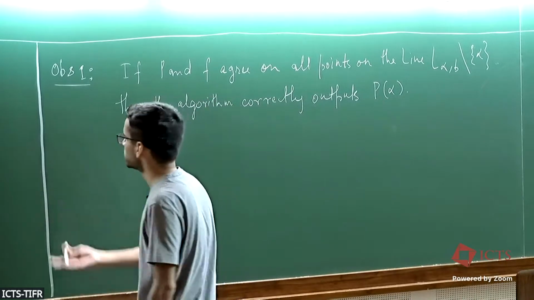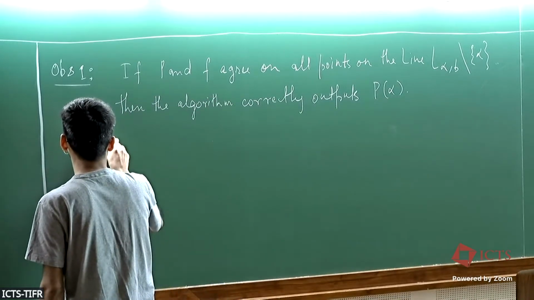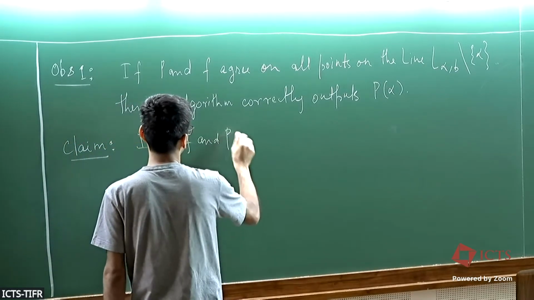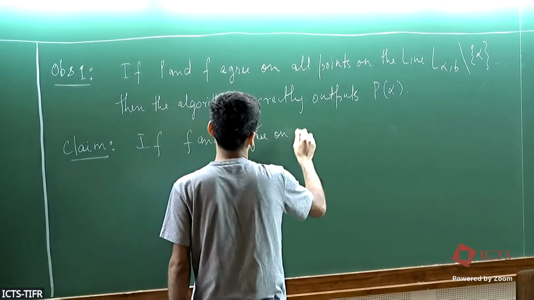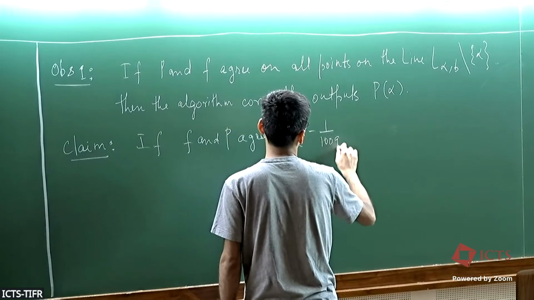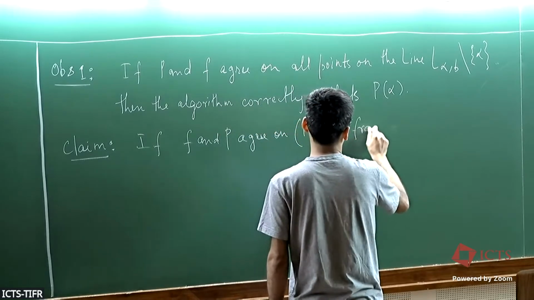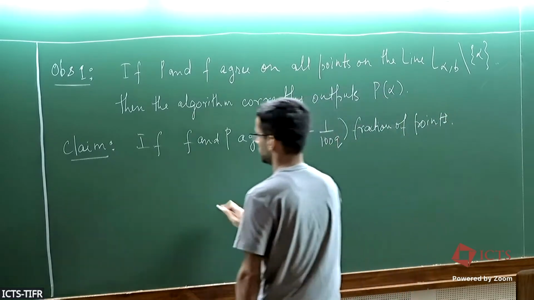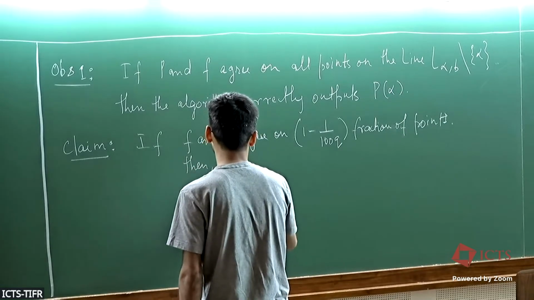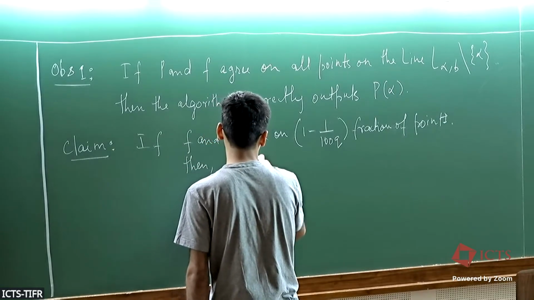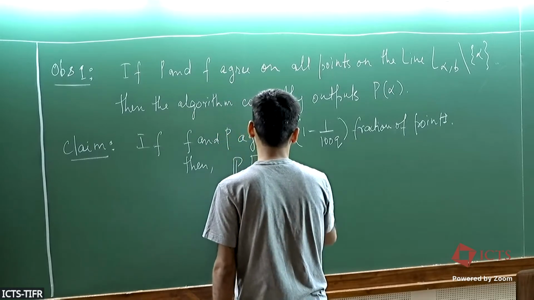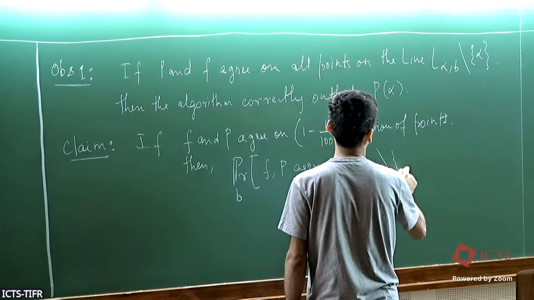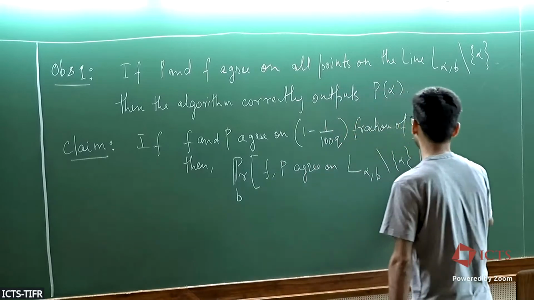The main claim that we'll prove is that if F and P agree on 1 minus 1 over 100 q fraction of points, then the probability over b that F and P agree on L alpha b minus alpha is at least 0.9.